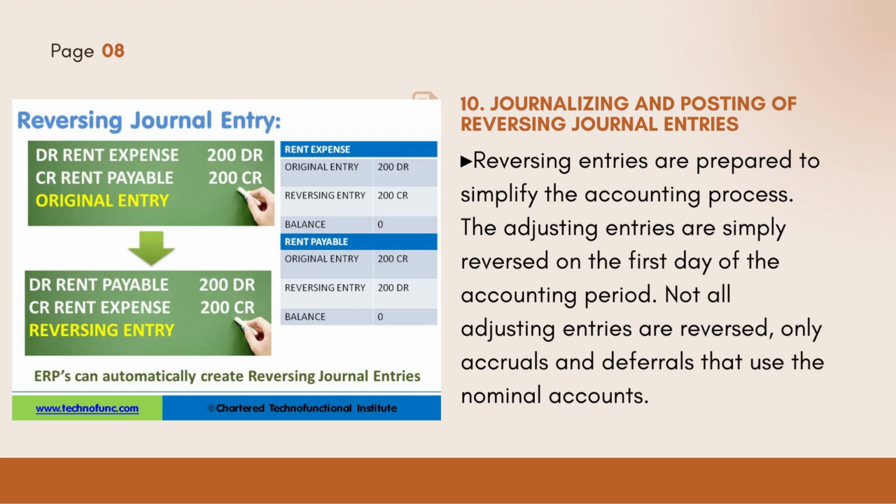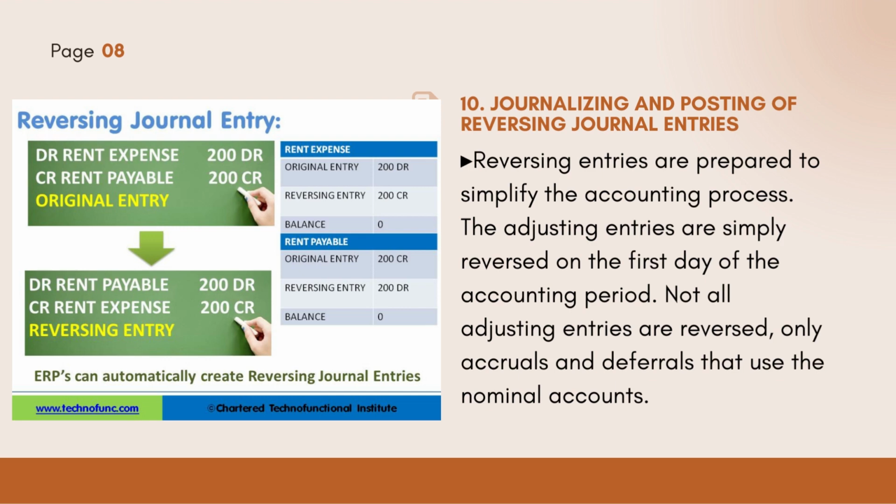So here's an explanation of the process of journalizing and posting reversing journal entries. First is identify the need for reversing entries. Second is journalizing reversing entries. So first is identify the need for reversing entries.